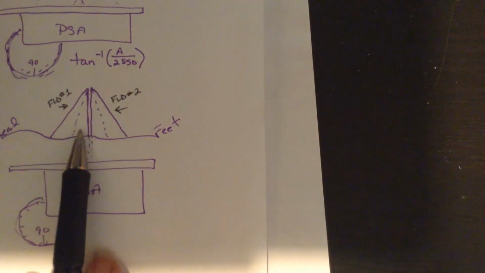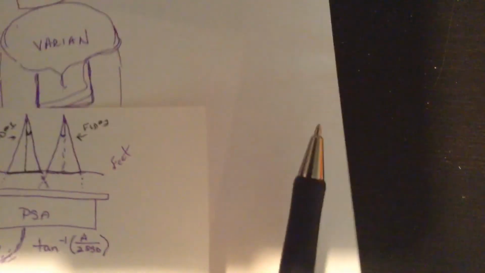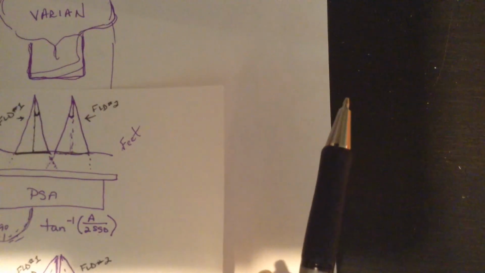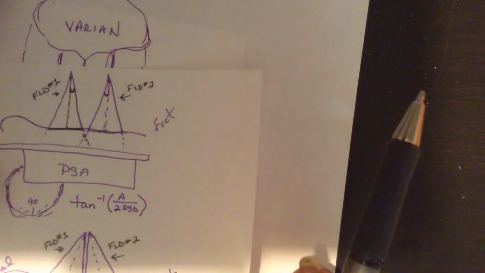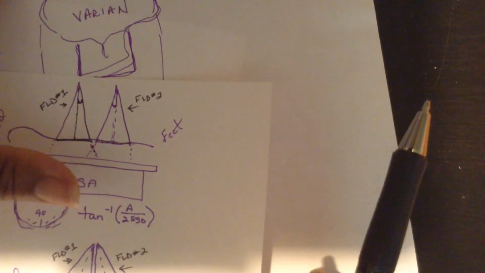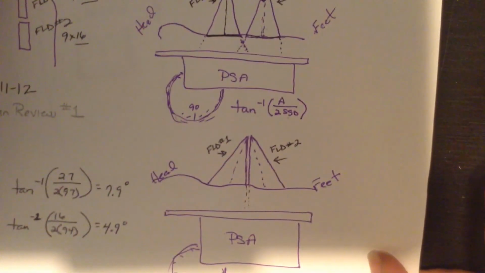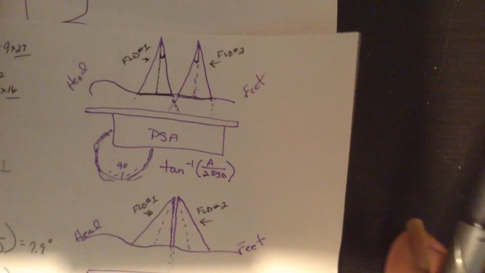So in other words, if I want this scenario, then I'm going to have to angle the gantry. When I treat field number 1, I'm going to have to angle the gantry this way, about 8 degrees. And when I treat field number 2, I'll angle the gantry this way about 5 degrees. Okay, hope that helps.